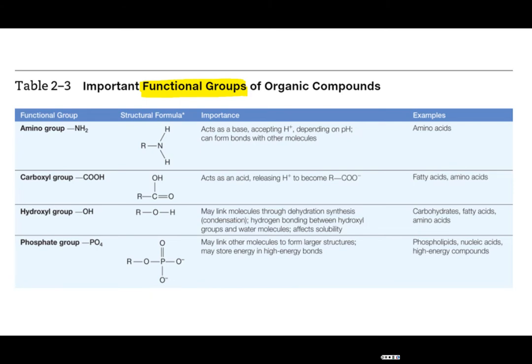We're going to talk about amino groups. So these groups include nitrogen and hydrogen. We're going to have a carboxyl group, which is carbon, oxygen, and hydrogen. And hydroxyl group, we've already seen that in our discussion of pH. That's the OH group. And then the phosphate group, we'll see that also in several molecules, and that's going to include a phosphate.